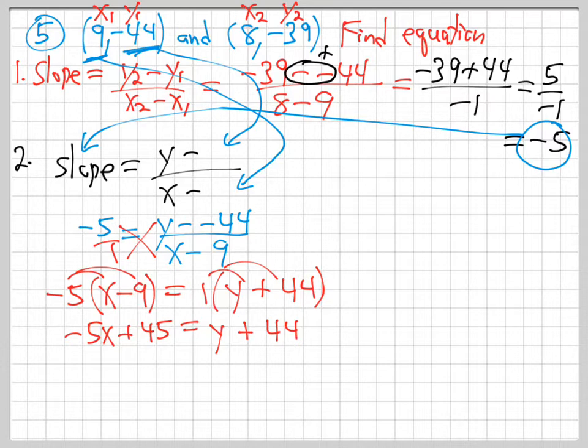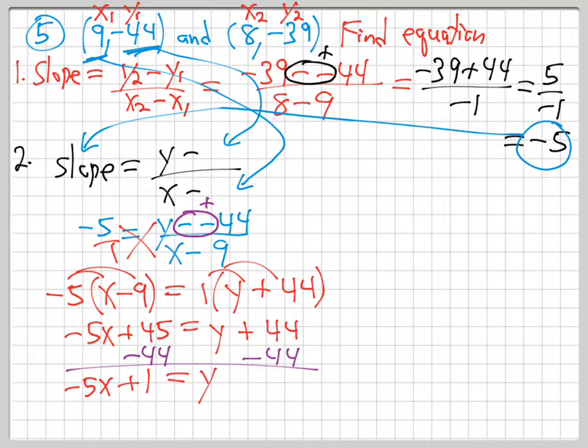So what do I do? The double negative right here made it plus. Yeah, good question. Double negative there made it plus. Remember, there's subtraction built right into the formula, and then if the number is also negative, double negative is positive. Subtract 44, we get minus 5x plus 1.